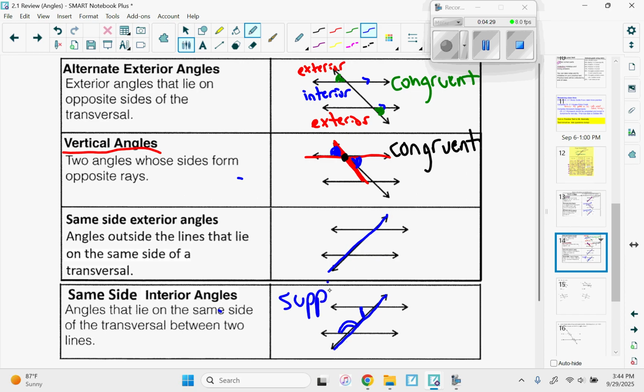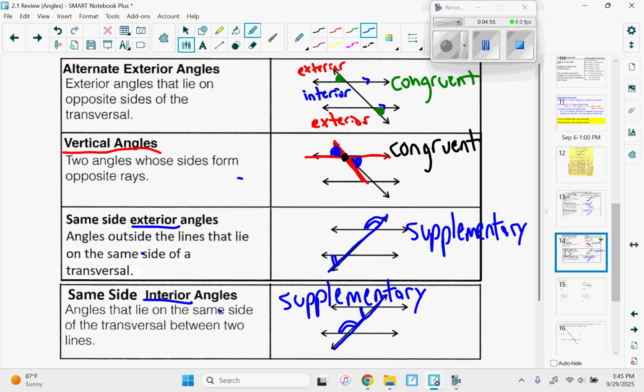And that makes them supplementary. So remember, interior, inside, exterior, outside. So that would be this angle here and this angle. Notice again, they are not the same because they have to add up to 180. And that's what supplementary means.